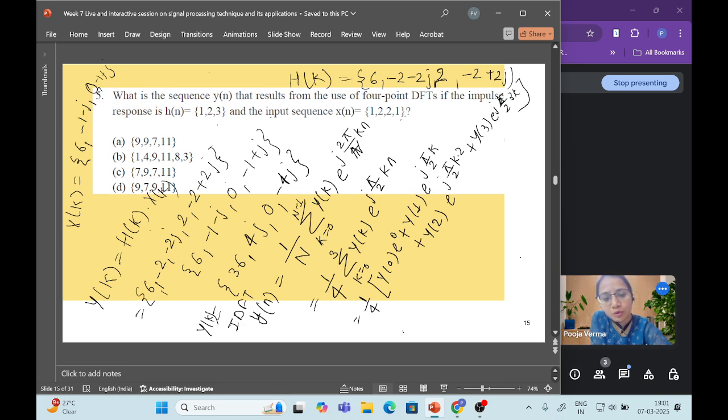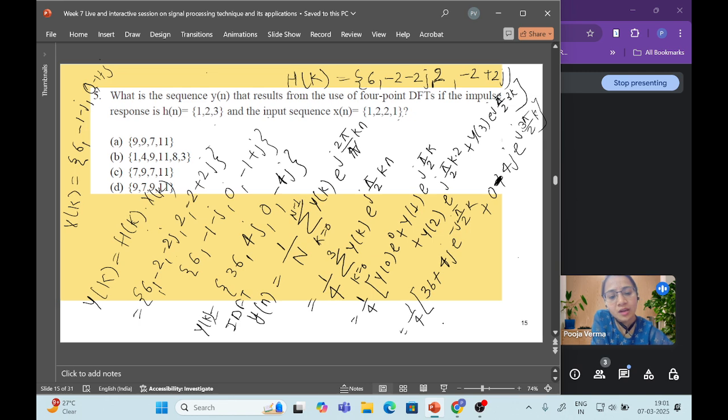Now put all these values and calculate. You will get it like this: 1 by 4, Y of 0 is 36, plus Y of 1 is 4j, so 4j e to the power j pi by 2 n, plus Y of 2 is 0, so this part will be 0, plus Y of 3 is minus 4j, so minus 4j e to the power j 3 pi by 2 into n will be there.